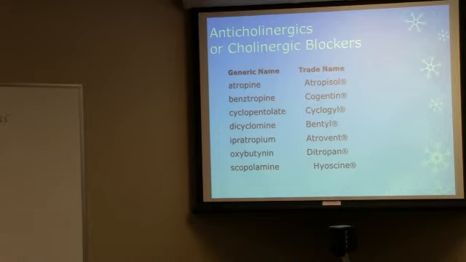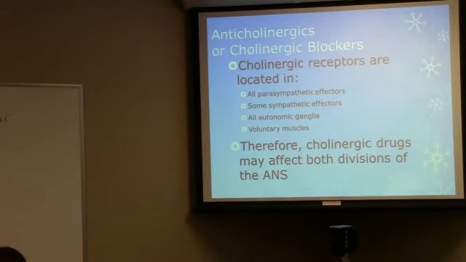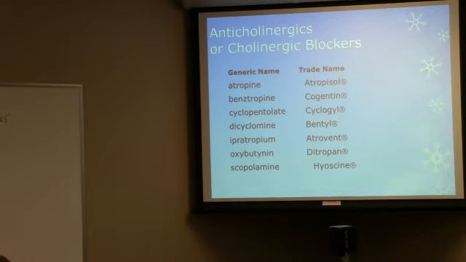So let's take a look at some of these. Page 100, table 6-6, very bottom there. These are some anticholinergic or cholinergic blockers.